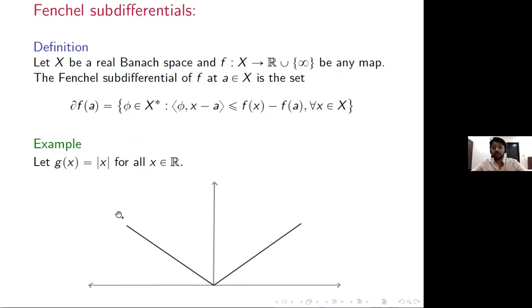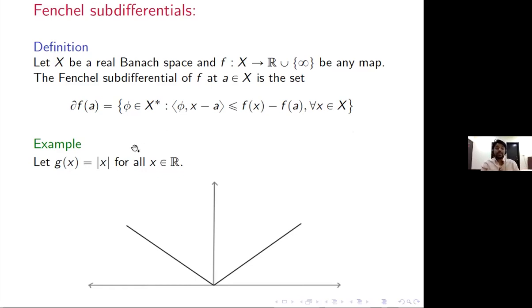Its differential subdifferential at a point a is defined as the following subset of the dual of the real Banach space X. It is those phi in the dual of X such that phi evaluated at x minus a is less than or equal to f(x) minus f(a) for all x in the space X. By definition, one can verify that it is a closed convex subset of the dual space.